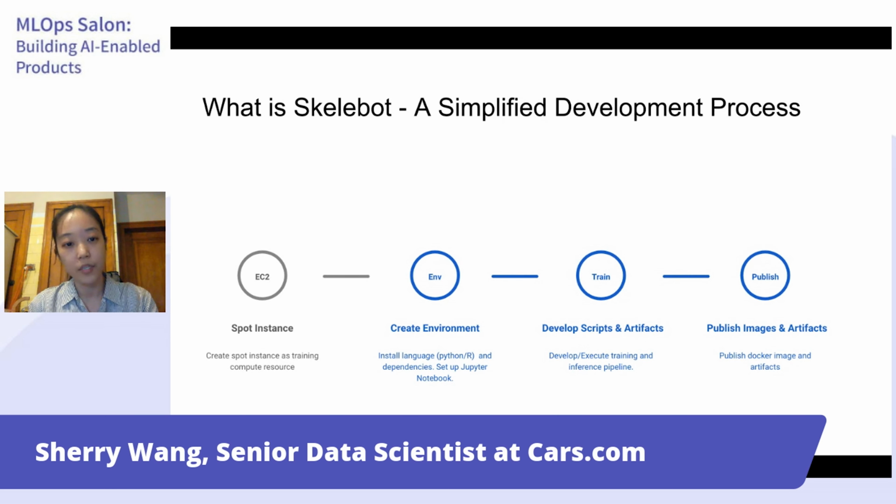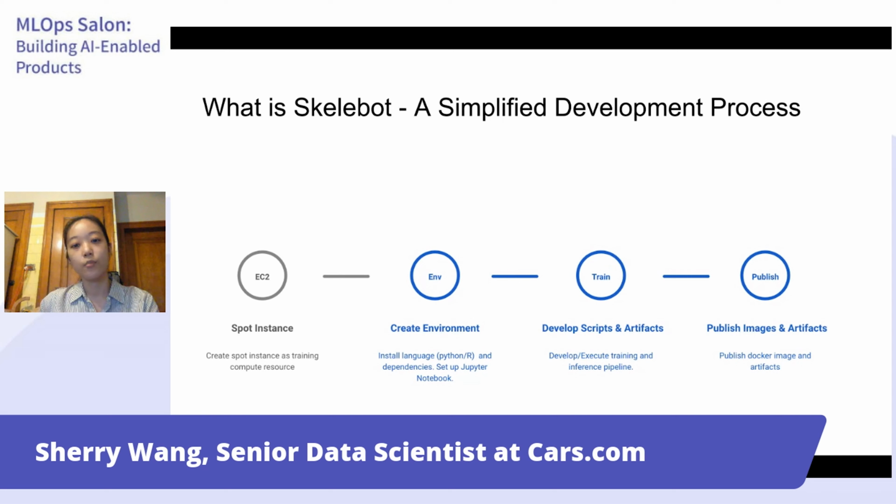This pretty much means we're going to install the languages. Most probably it's going to be either R or Python. We need to install all the dependencies for the projects we're working on. And for most of us, we use Jupyter Notebook as our IDE, at least in the exploration phase. So we have to set up Jupyter Notebook on the instance.